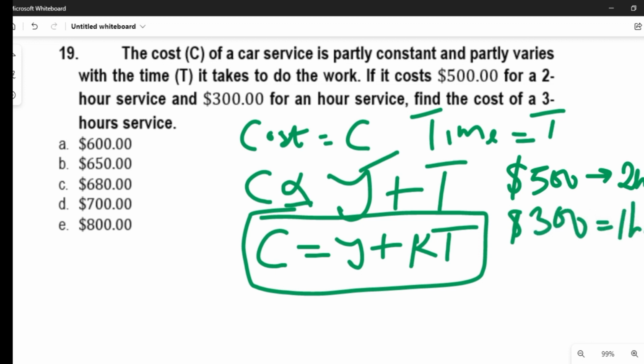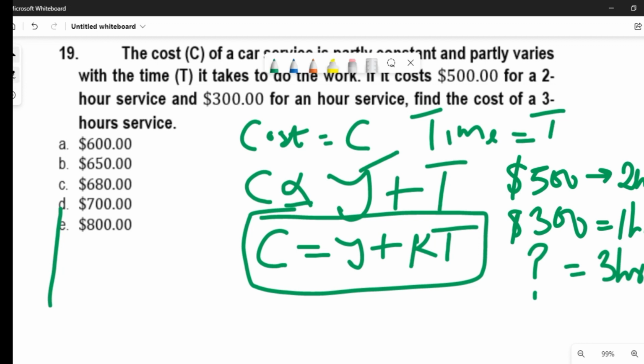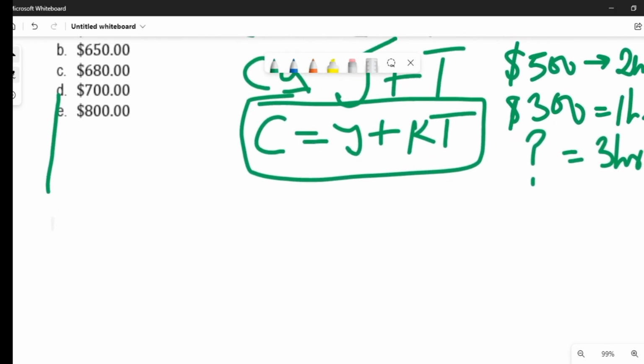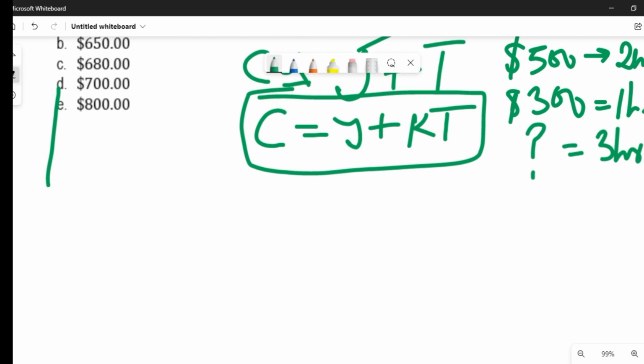We are asked to find the cost of a 3-hour service. Now let's go ahead and input this cost. Remember, partial variation will always bring us to a simultaneous equation.